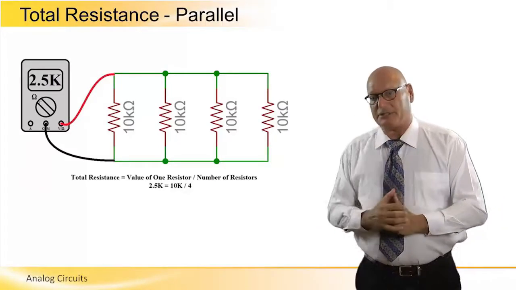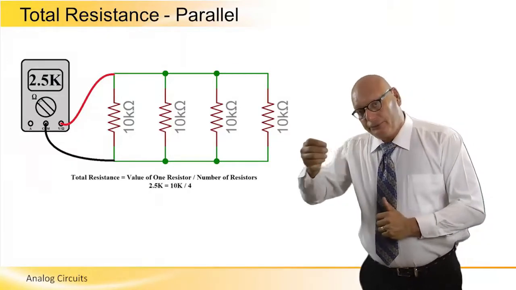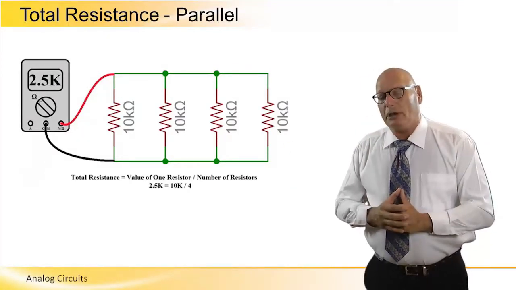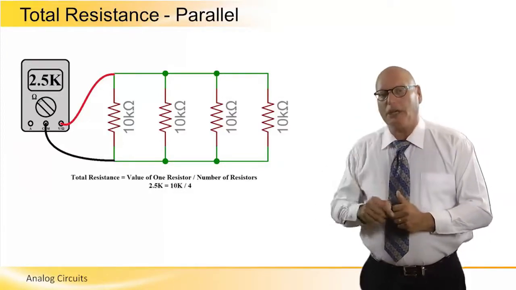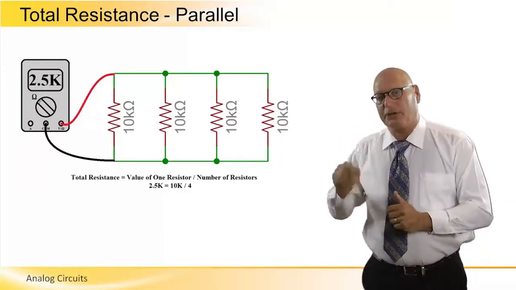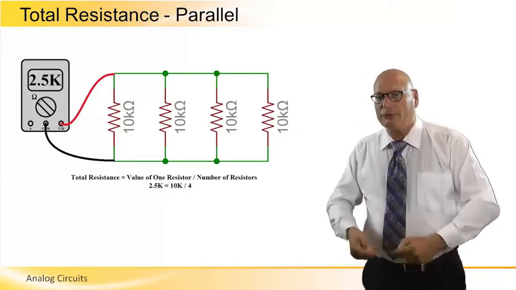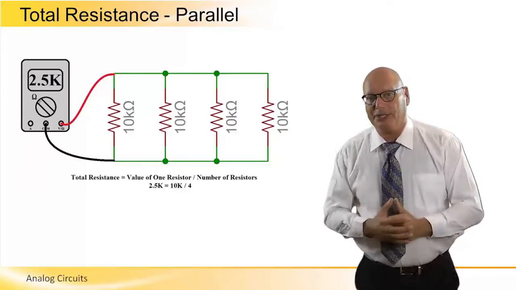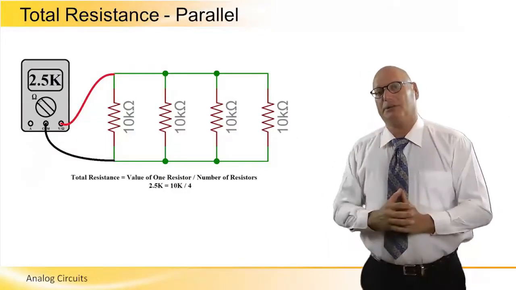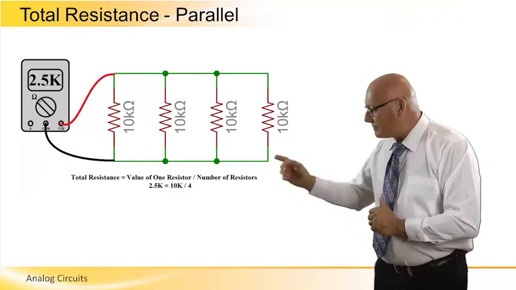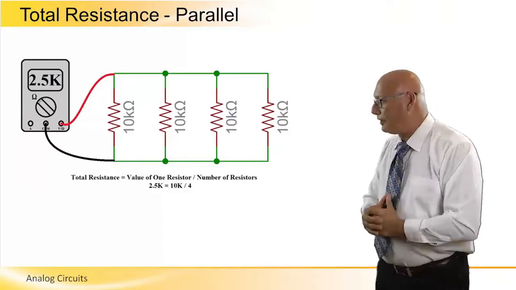All 4 are equal, and if we look at the formula from before, 1 over 10 kilo plus 1 over 10 kilo, and so on, equals 1 over R total, we come out with a quarter of the resistance. So the equivalent resistance of this circuit is a quarter of each of them, 2.5 kilo ohms.